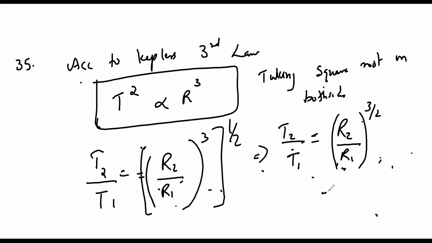So R2 is nothing but 3R. 3 cube is 27. R and R will get cancelled.